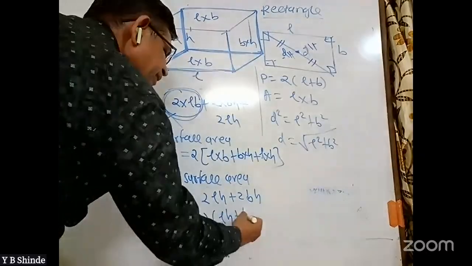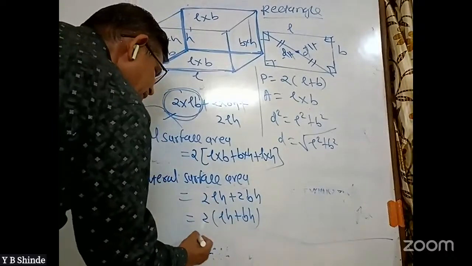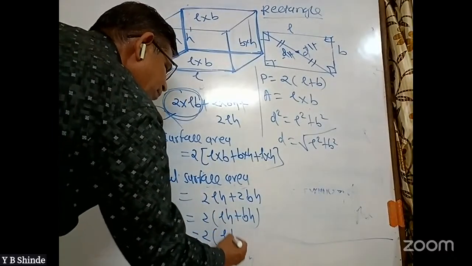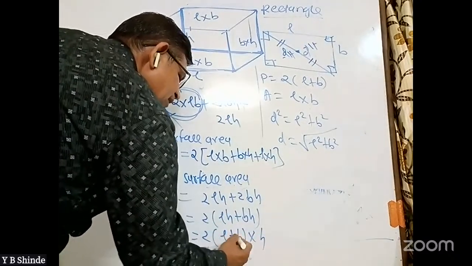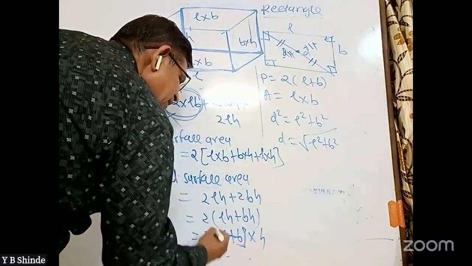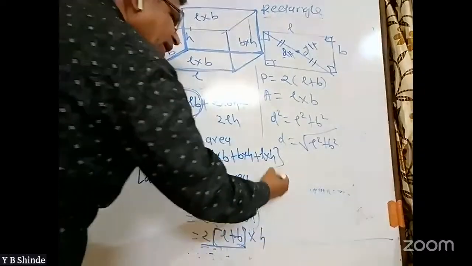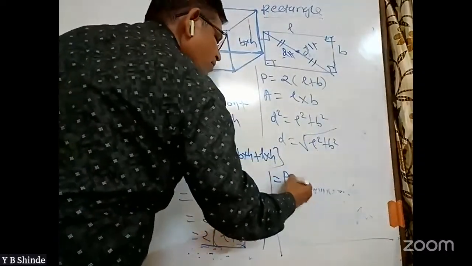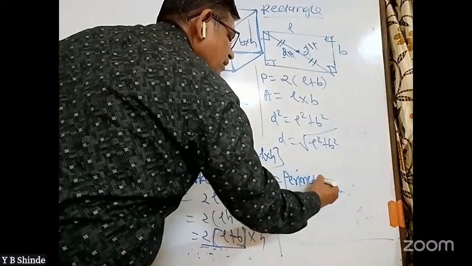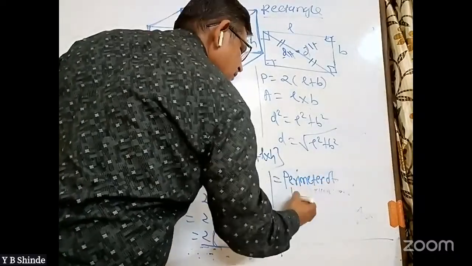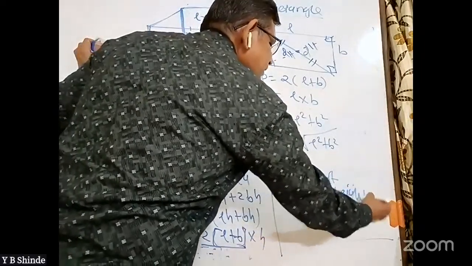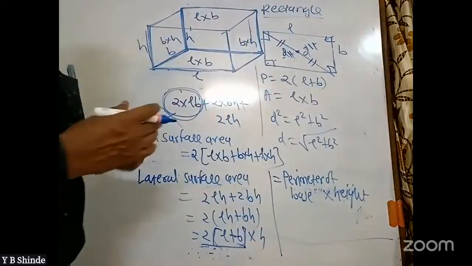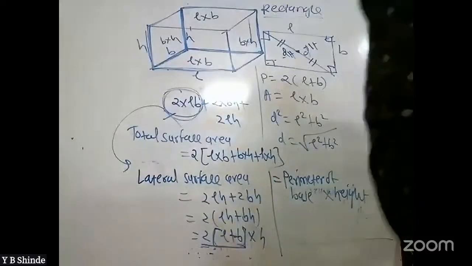LH plus BH. Take H common. 2 times L plus B into H. That is 2 into L plus B, perimeter of base, into height, is the lateral surface area. Perimeter of base into height.